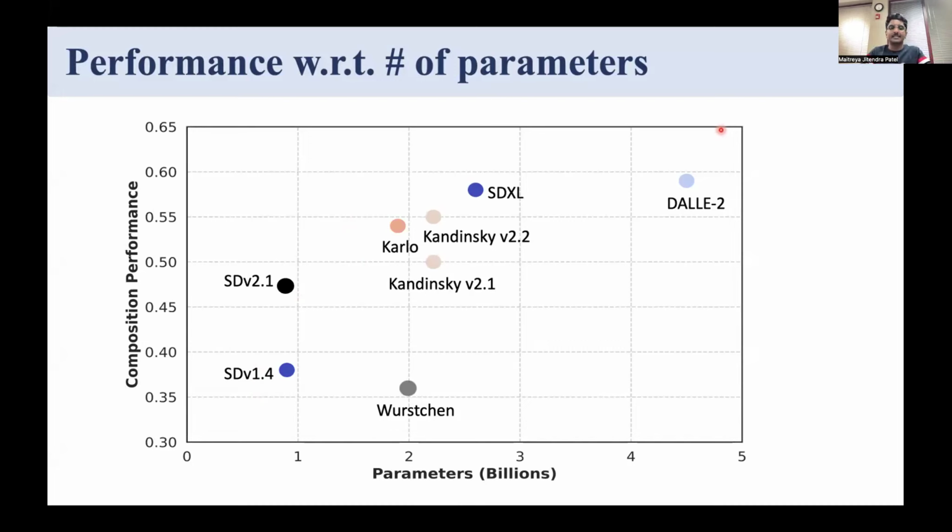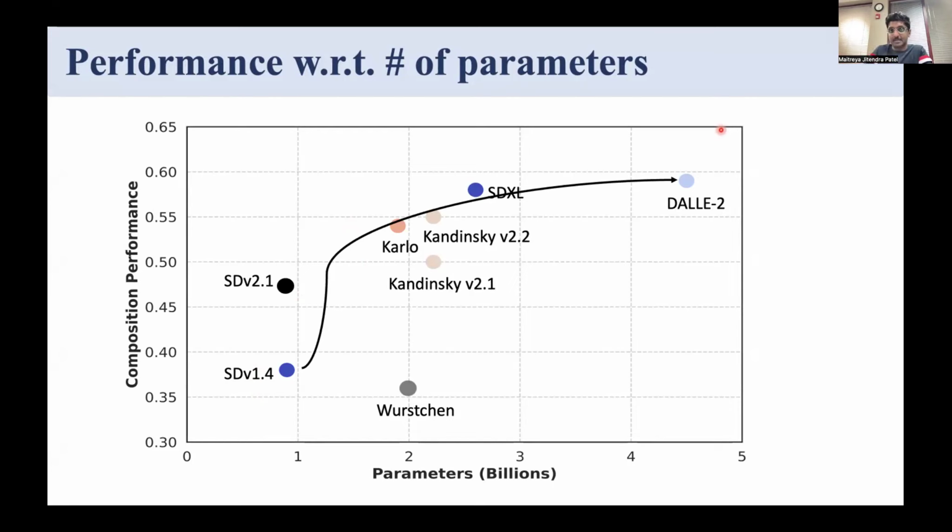We can see that Stable Diffusion versions 1 and 2 have far fewer parameters, but they are also performing very poorly. We find the same trend: if you keep increasing the parameters, you achieve better and better results in terms of compositions.